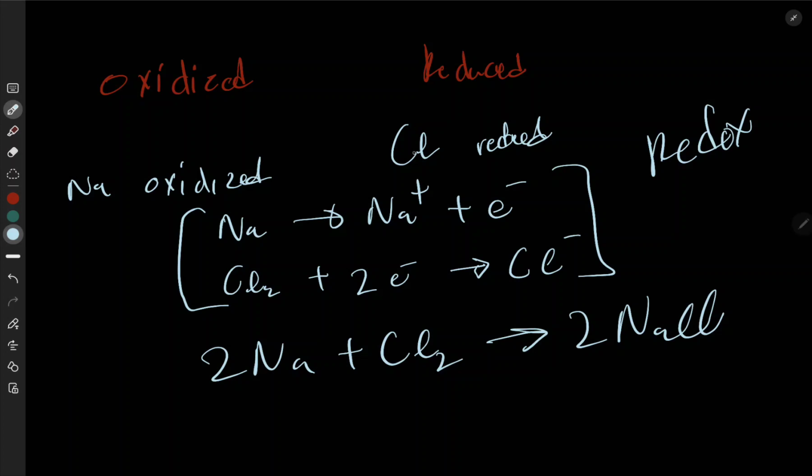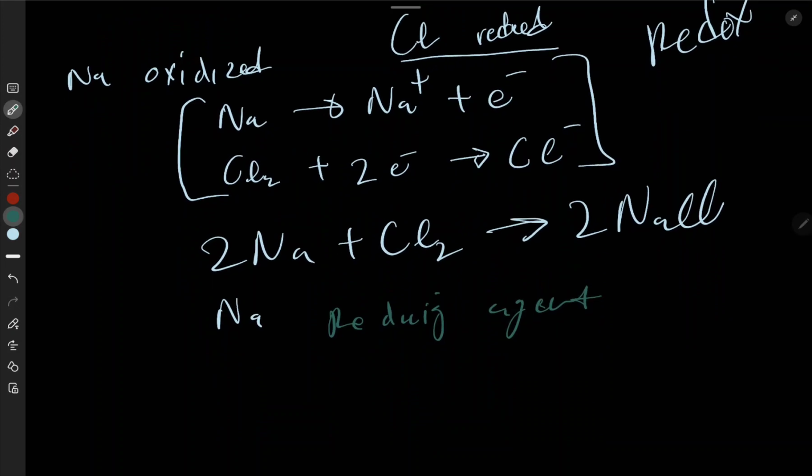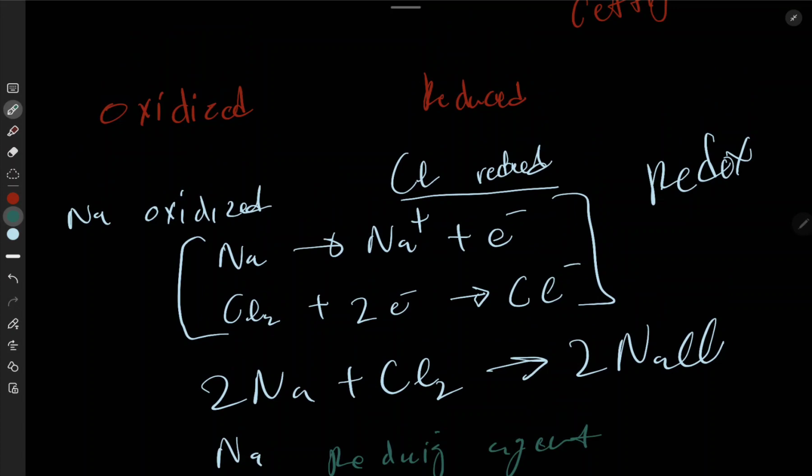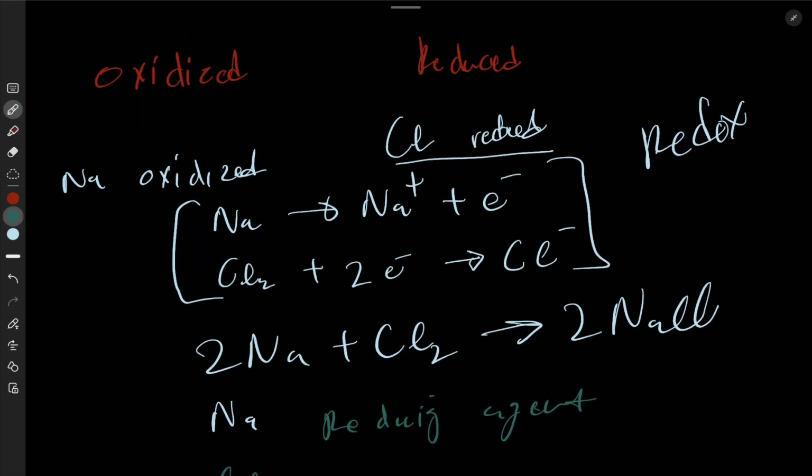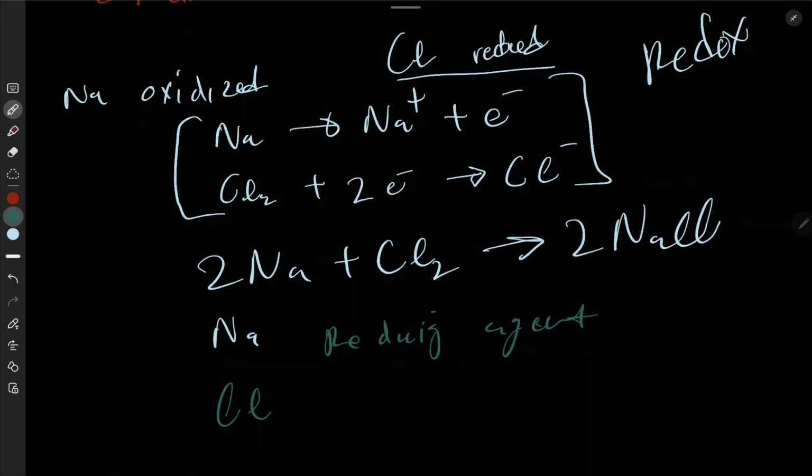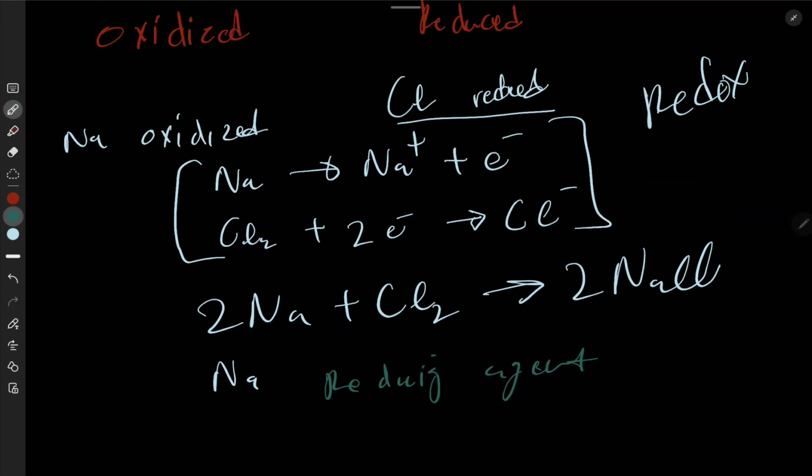We said chlorine was reduced. That means sodium is a reducing agent. Let's look again at sodium. Sodium was oxidized.